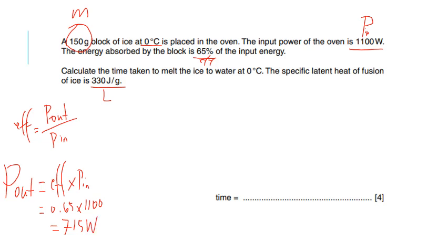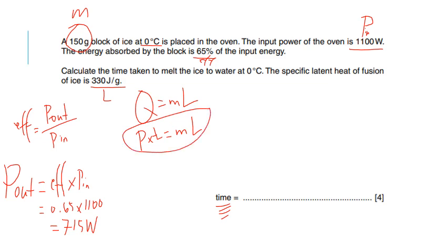So now we have the power that we are going to use. Now, I can use the equation Q equals ml. To find the time, which is what I'm looking for, instead of Q, I replace it by power multiplied by time, which is equal to ml. Now, the only thing I have to do is to replace in this formula, and I'm done.